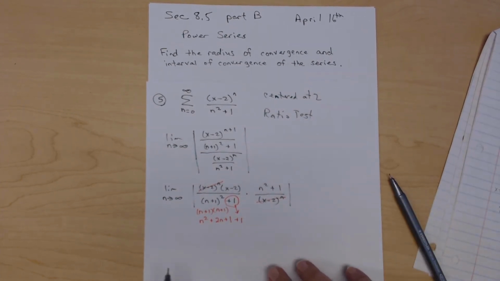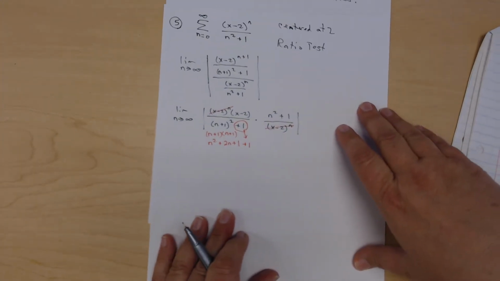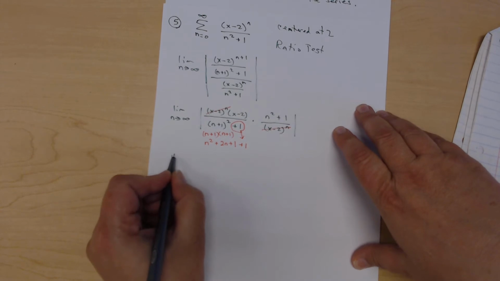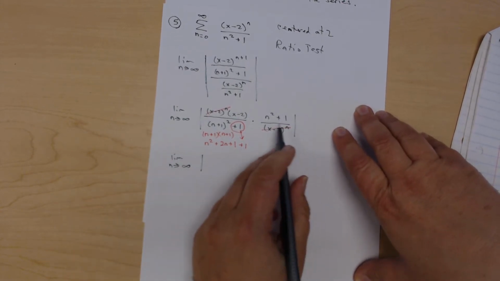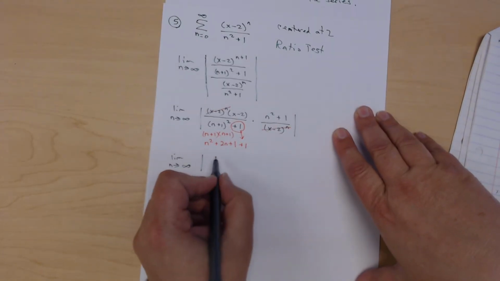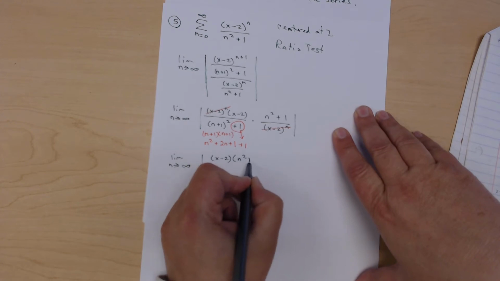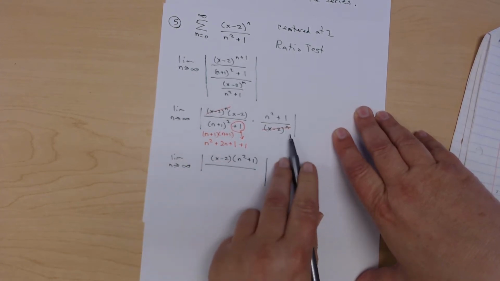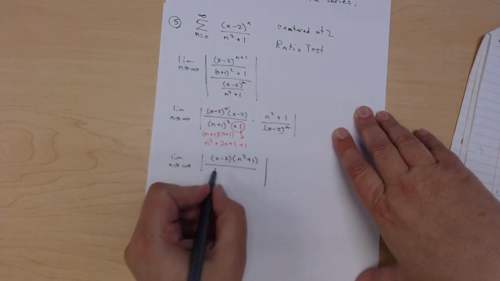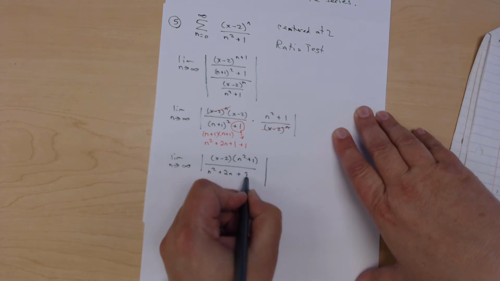So the limit as n approaches infinity: on the top, we've got x minus 2 times n squared plus 1, and on the bottom, we have n squared plus 2n, and then we can add those together, plus 2.